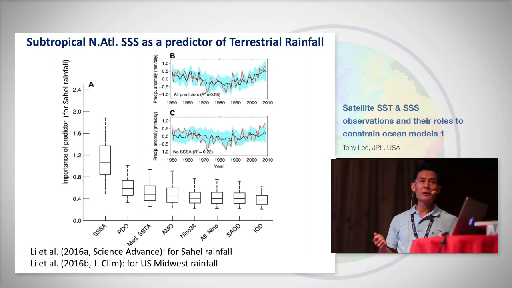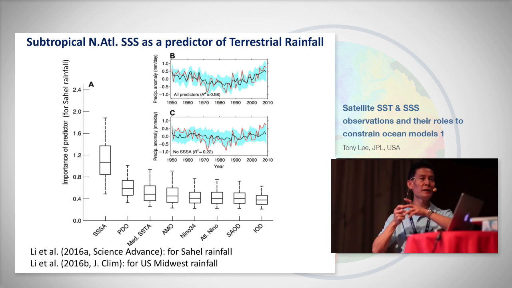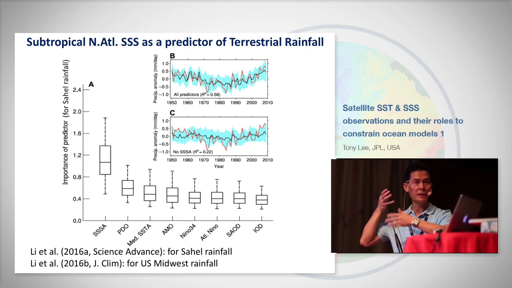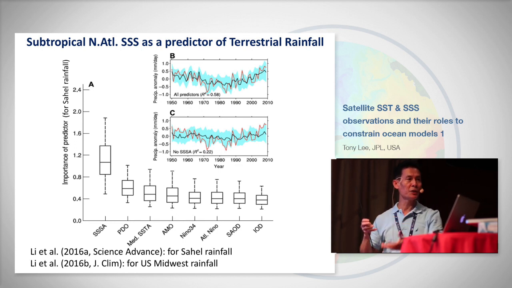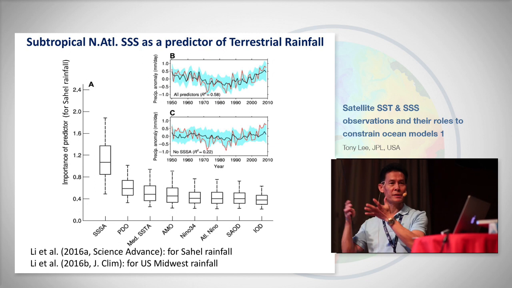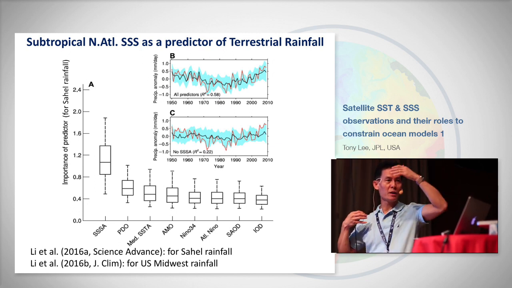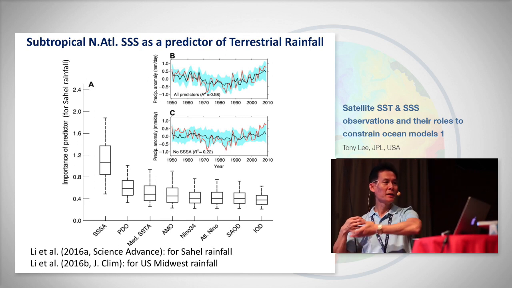In the paper, they also describe how this works. It essentially has to do with evaporation and then atmospheric moisture transport. Once it gets to land, it rains and wets the soil, and then the soil moisture feedback changes the pressure gradient between the Sahel region and the Mediterranean region, which draws more moisture from the Mediterranean into the Sahel.